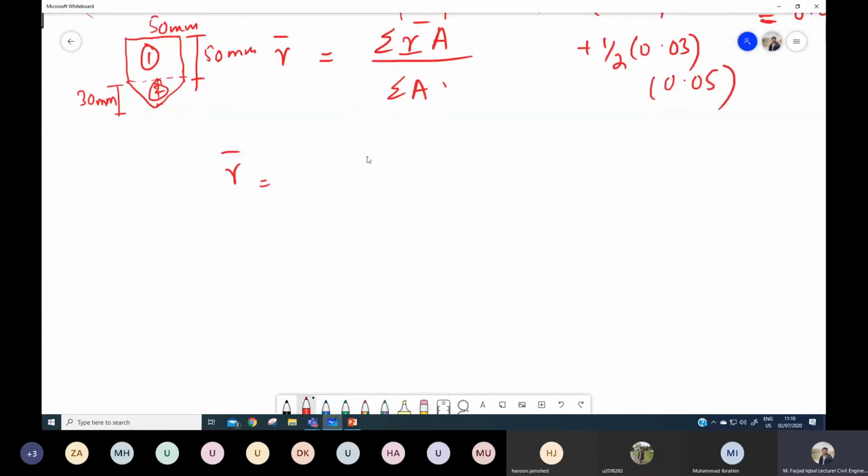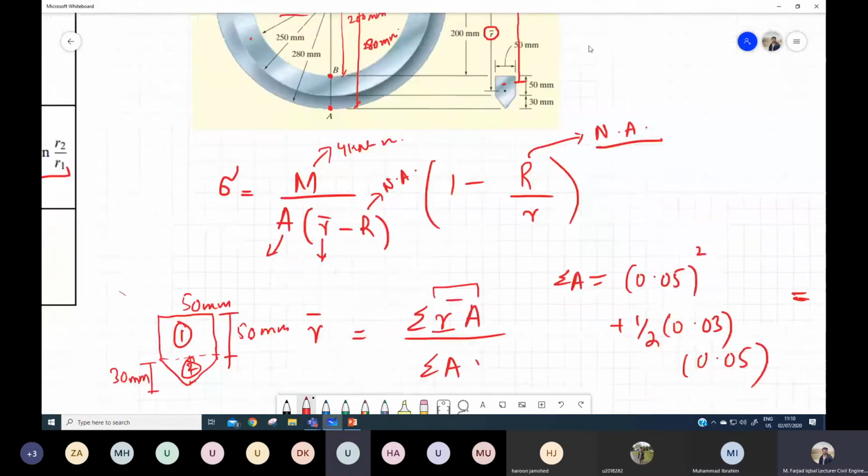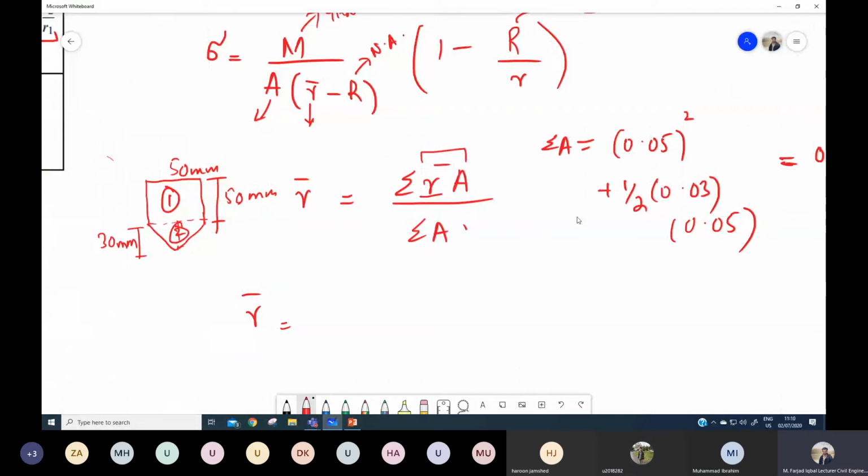So if I represent it, 250 or 225, yes, it should be 225. So this distance is 0.225, and the area for the rectangle is again 0.05 squared. Plus, for this triangular shape, the distance is 250 plus the distance to the centroid of this shape.